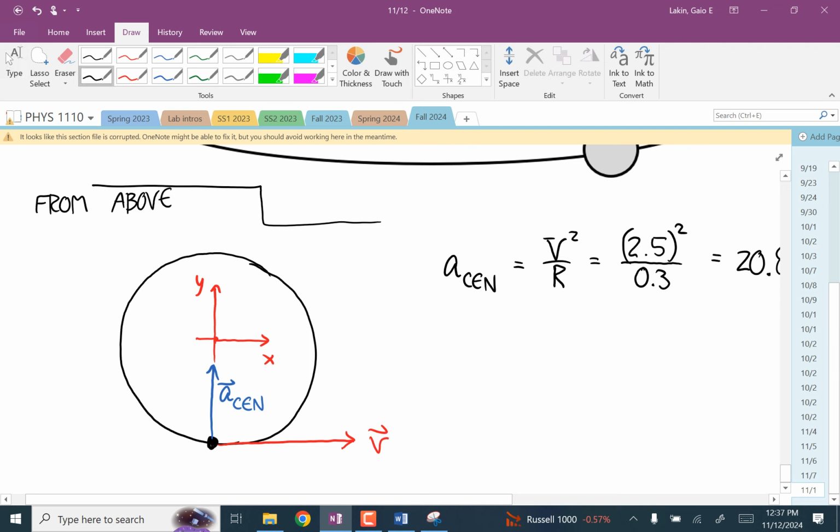Now that we have the magnitude of the centripetal acceleration and we've already figured out the direction, we know that the total centripetal acceleration vector is in the positive y direction, so 0, positive 20.83 repeating. And since there's no tangential acceleration, this is equal to the total acceleration.